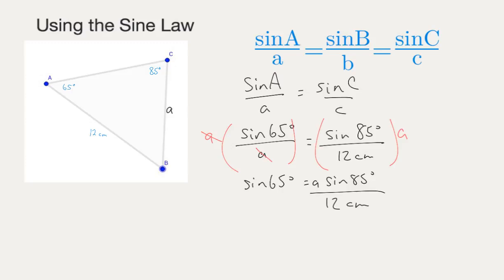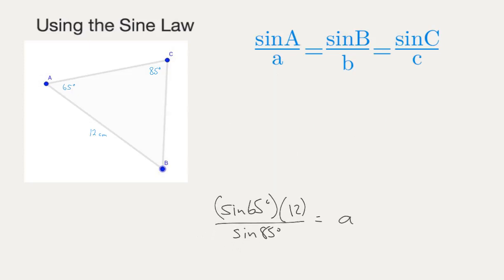I'm going to divide both sides by sine 85, and multiply both sides by the 12. It's just a whole bunch of rearranging, and I'll end up that A equals sine 65 times 12 centimeters divided by sine 85 degrees.